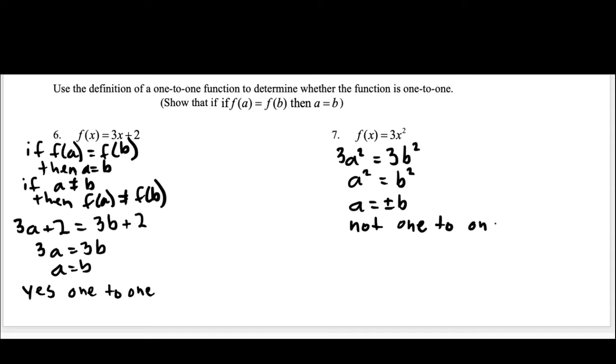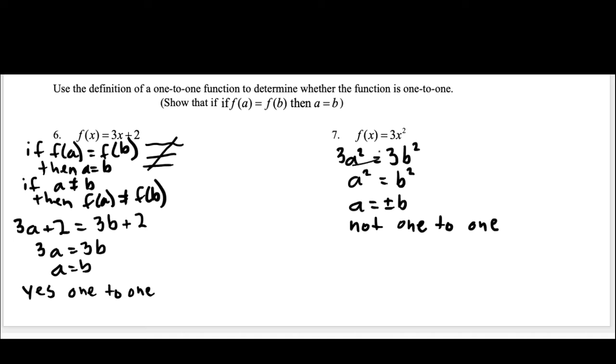And even by looking at the functions, we should be able to know that by visualizing the graph. This is a linear function, so it's going to be a straight line with a positive slope of 3, and it will pass the horizontal line test.